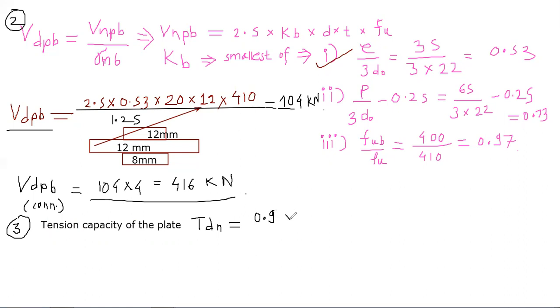Again I will write it here, 0.9 multiplied by AN multiplied by FU divided by, again, the partial factor of safety, which is 1.25.